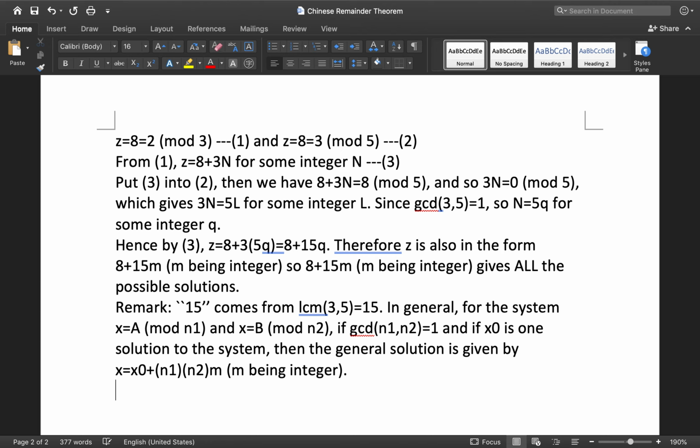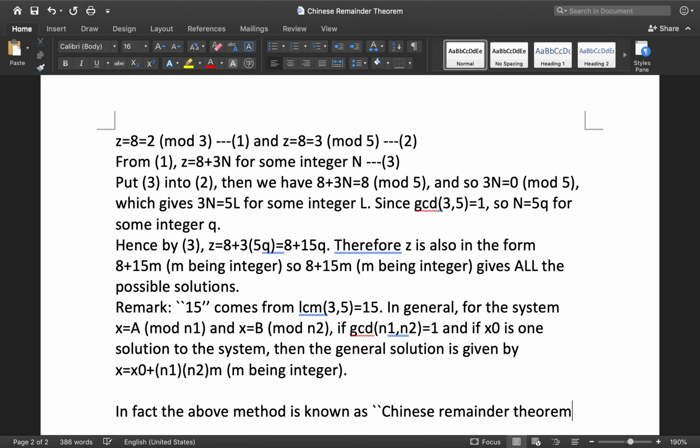Now, in fact, the above method is known as the Chinese remainder theorem. I can say a little about the history, why we call that method the Chinese remainder theorem.